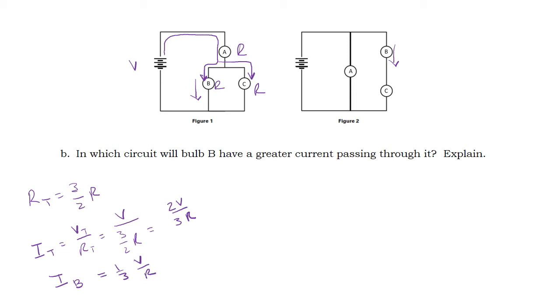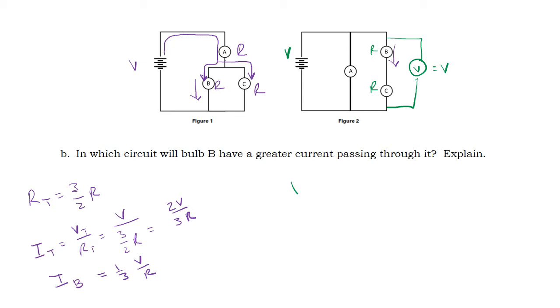Now let's look at figure 2. In figure 2 we have a parallel circuit, voltage V, and so we know that across both of these combined we also have a voltage of V. These two resistors would split that voltage equally because their values for their resistance are also equal.